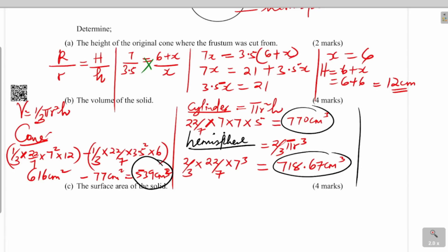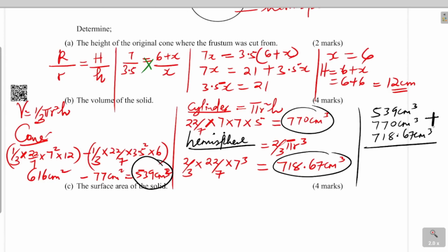So now to get the total, we simply need to add the volume of the first term, which is 539 centimeters cubed, plus the cylinder, which is 770 centimeters cubed, then the hemisphere, which is 718.67 centimeters cubed.